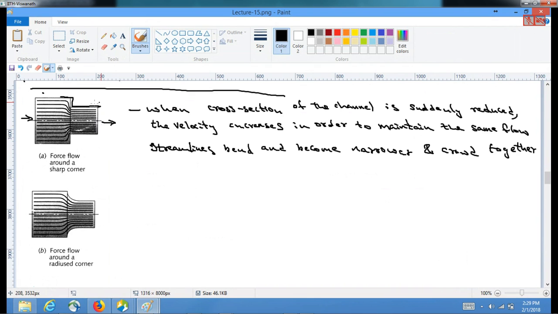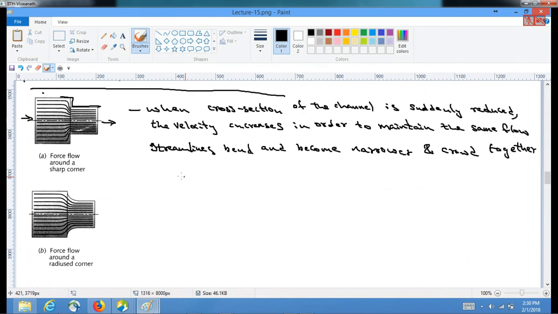So this crowding up is similar to, instead of this pipe flow, you can assume that this is a solid material, and you are loading it with tensile stress; the stress lines would also follow a similar path. Whenever you have a narrower part, that means the stress concentration is higher, compared to when you have a farther spacing, which means lesser stresses.